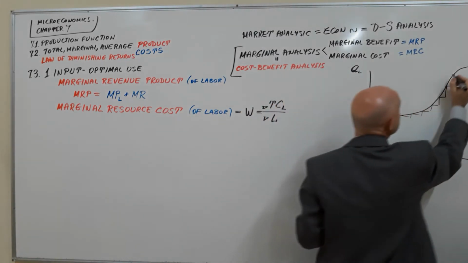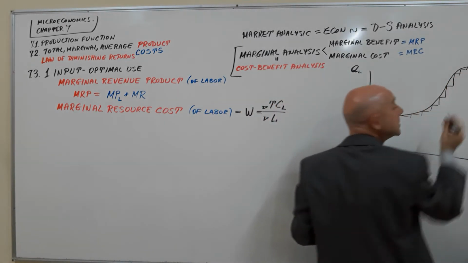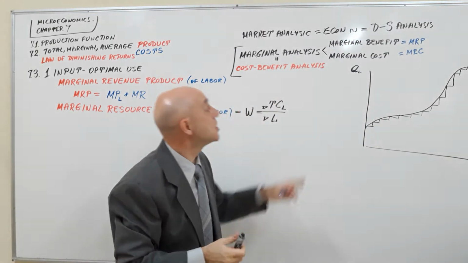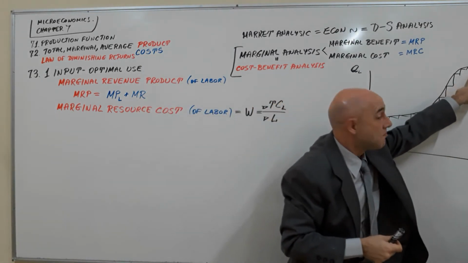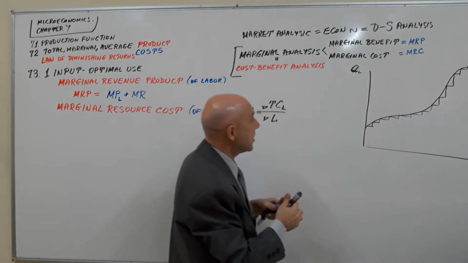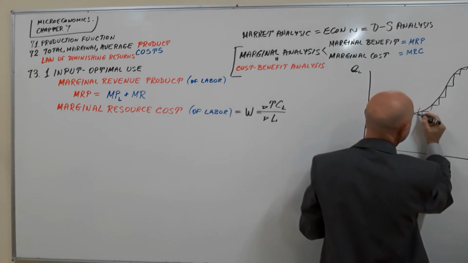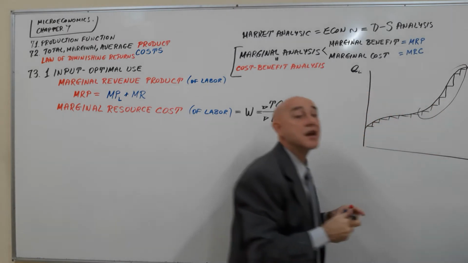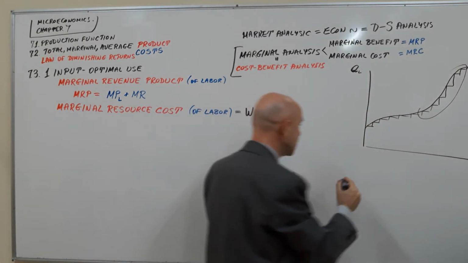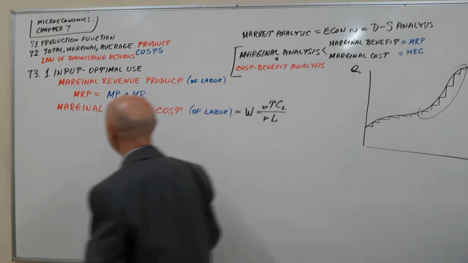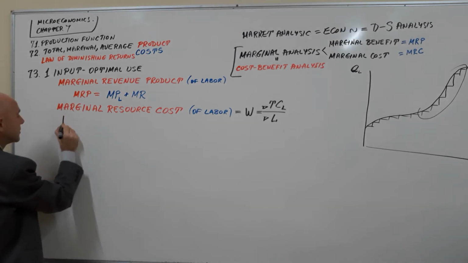And then it begins to slow down. So, the marginal revenue product, if we use only this portion here, the efficient portion, I'll draw a picture here.